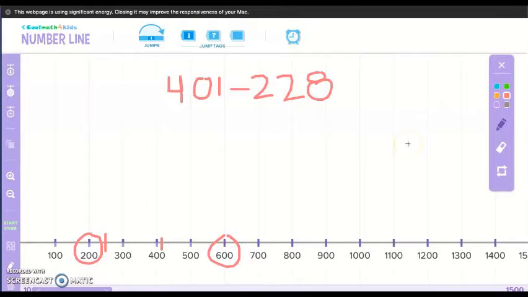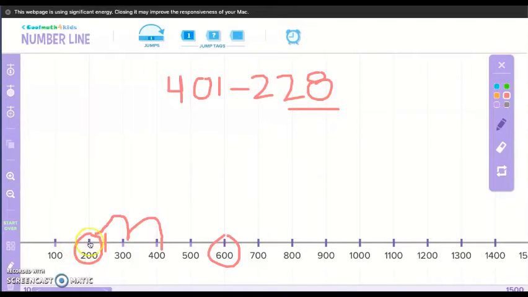A student could first do this by knowing to count back to 200. So they could start at 401, go back to 301, go down to 201. Then the student will say, what do I do with this 28 right here?